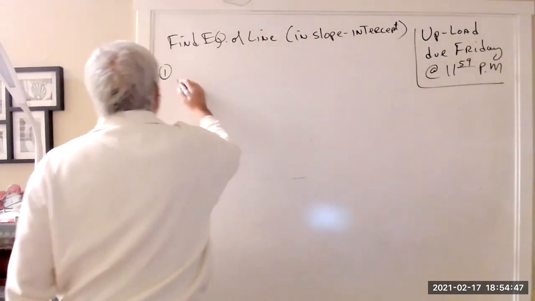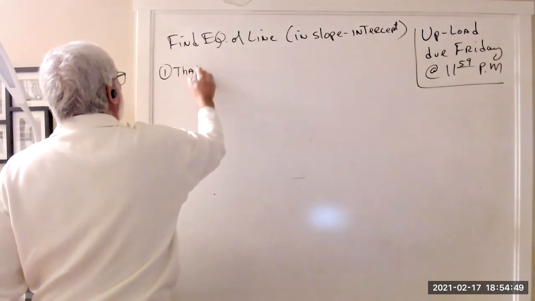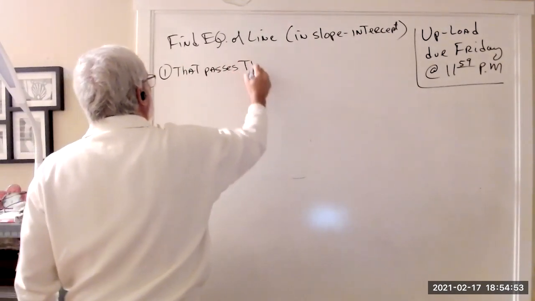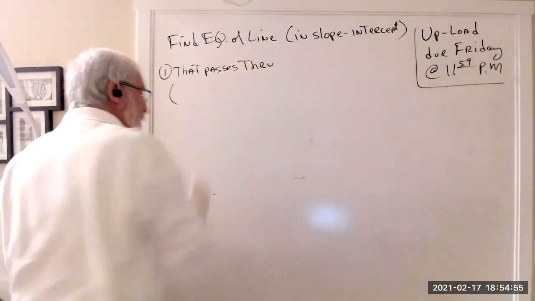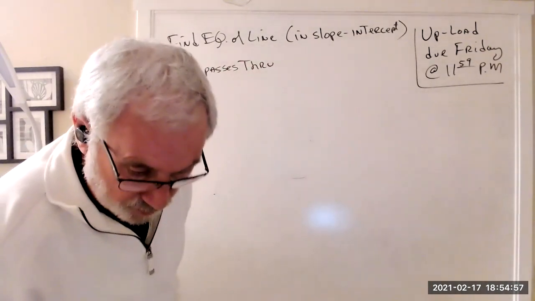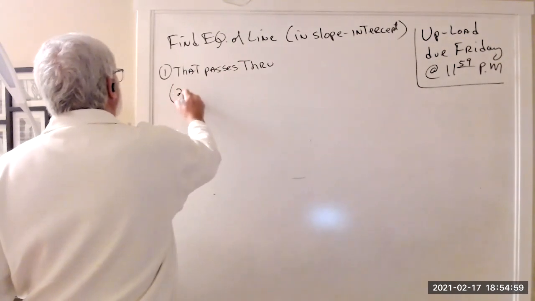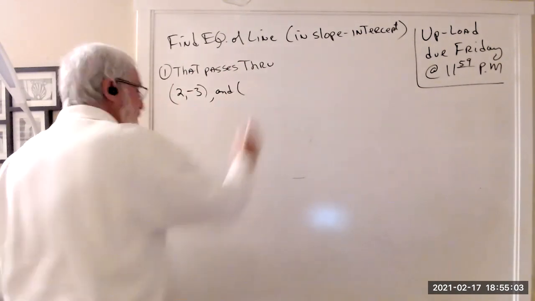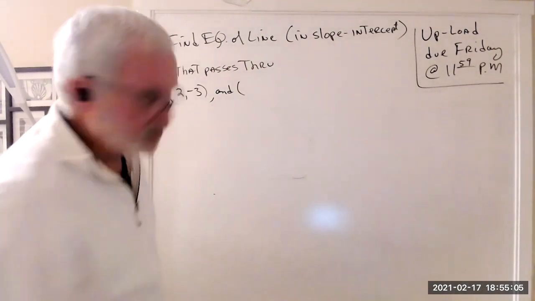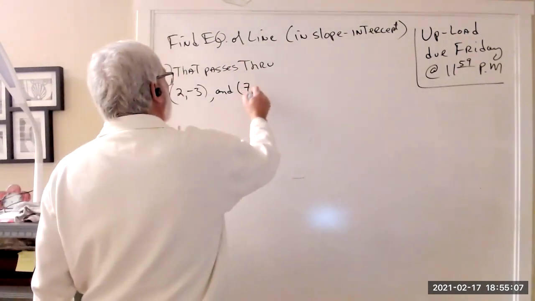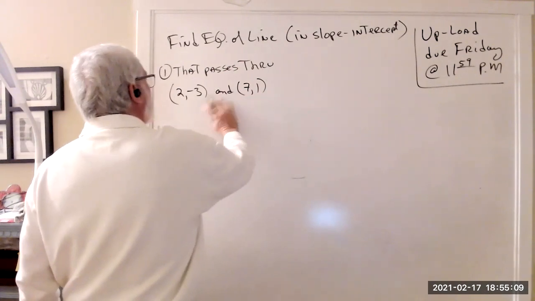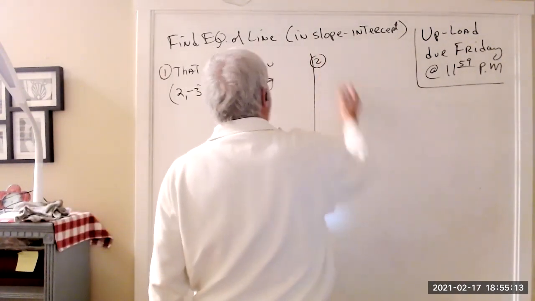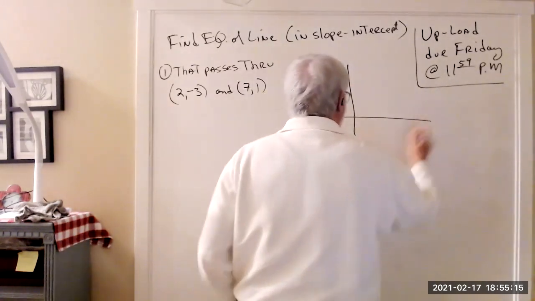Number one, that passes through the points (2, -3) and (7, 1). And number 2, I'm going to give you a graph.